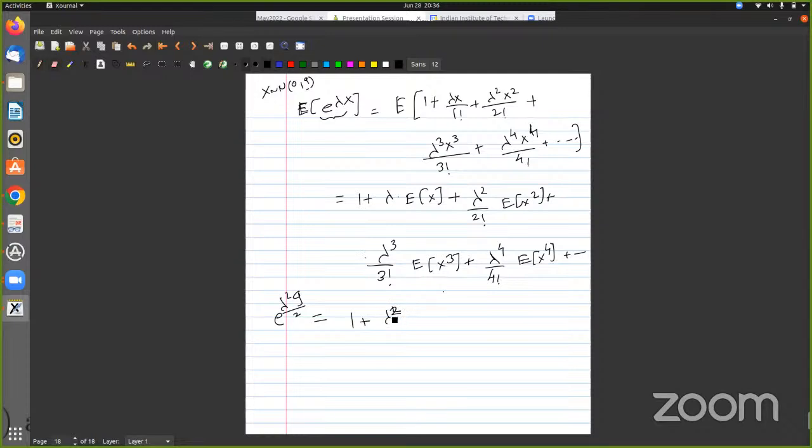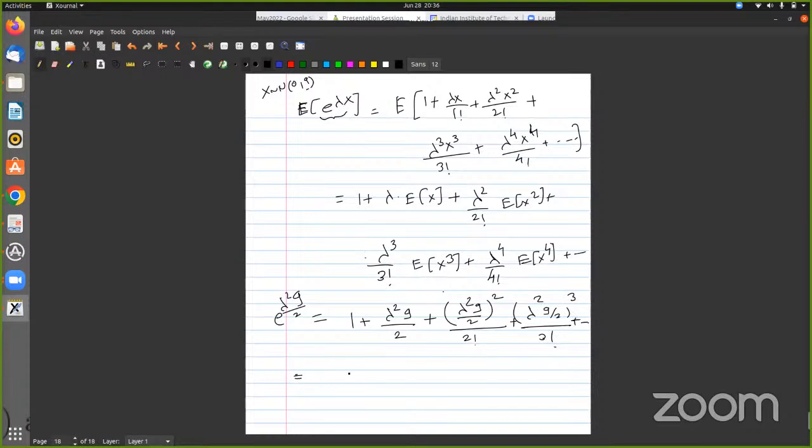So 1 minus lambda by 1 into e to the power lambda, 3 square 9 by 2, plus then lambda square (9 by 2) square divided by 2 factorial, plus lambda cube (9 by 2) cube divided by 3 factorial, and so on.